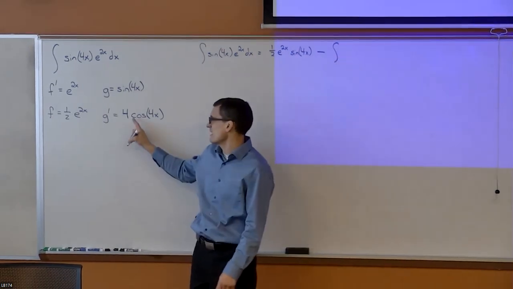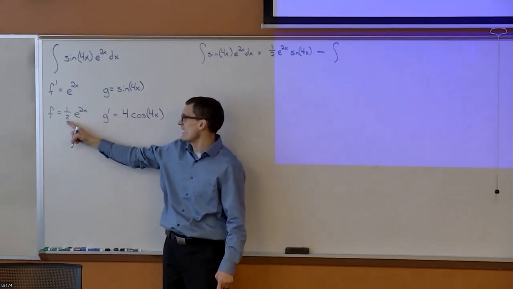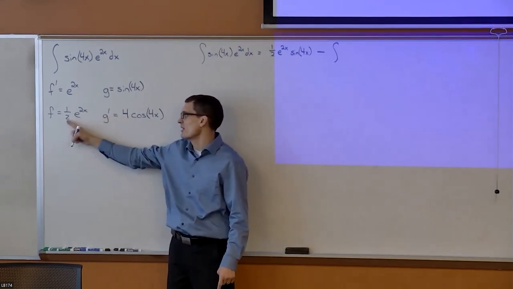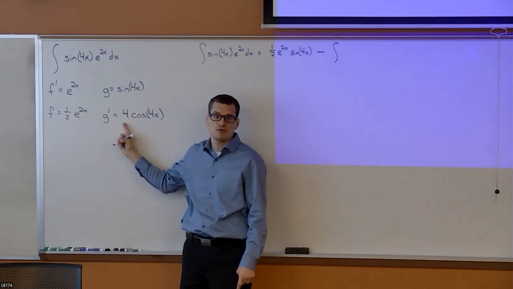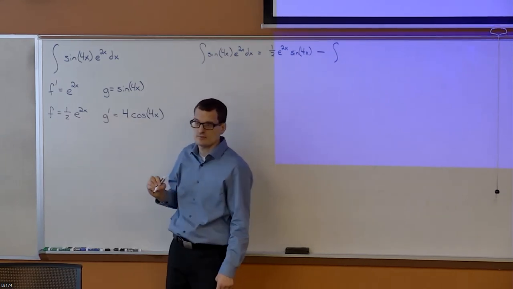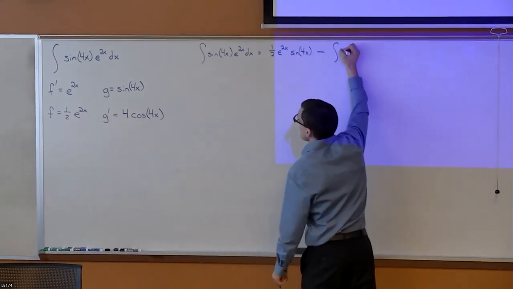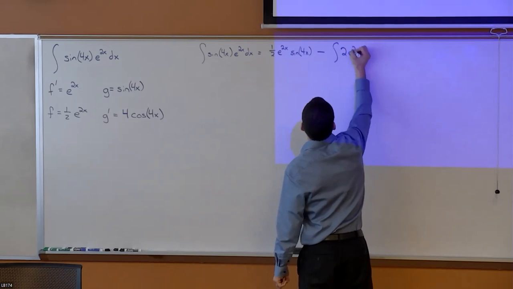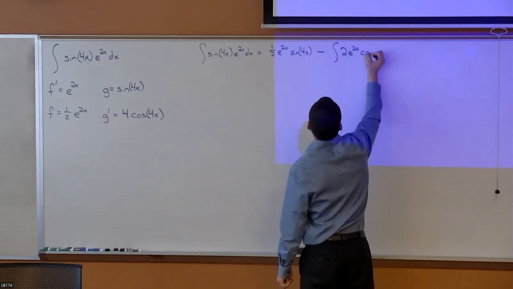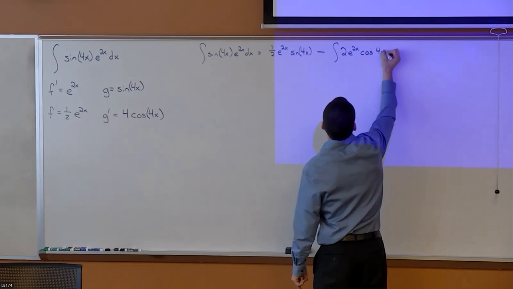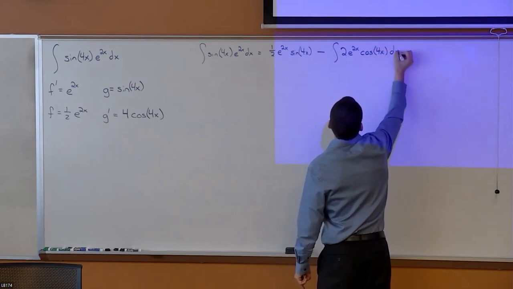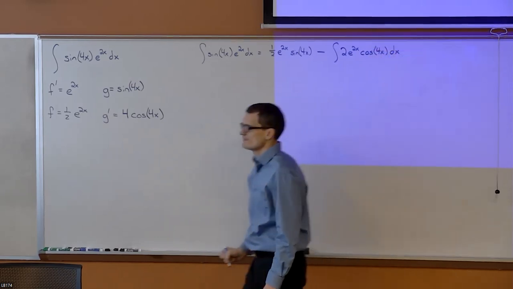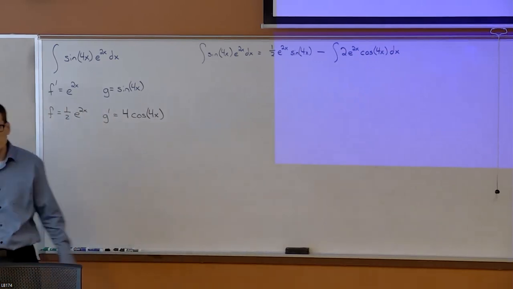Now, hopefully this is not too much. When I do my f times g prime, I'm going to automatically multiply the 1/2 times the 4, just so I don't have to rewrite it a number of times. So that's 2 e to the 2x cosine 4x dx. Good. We okay with that?